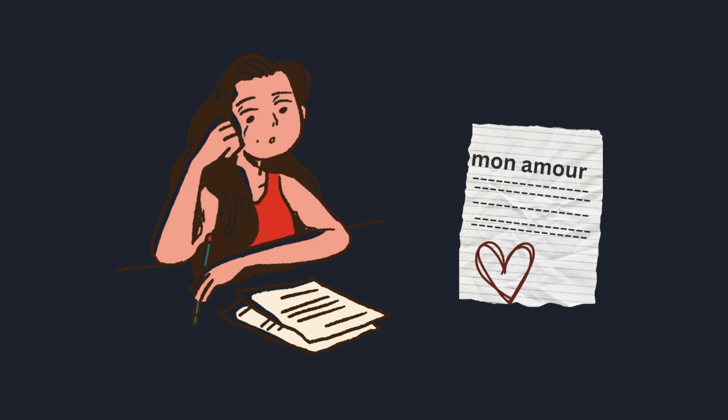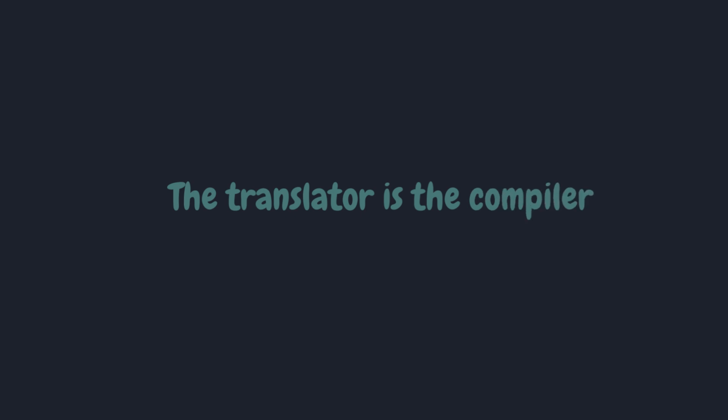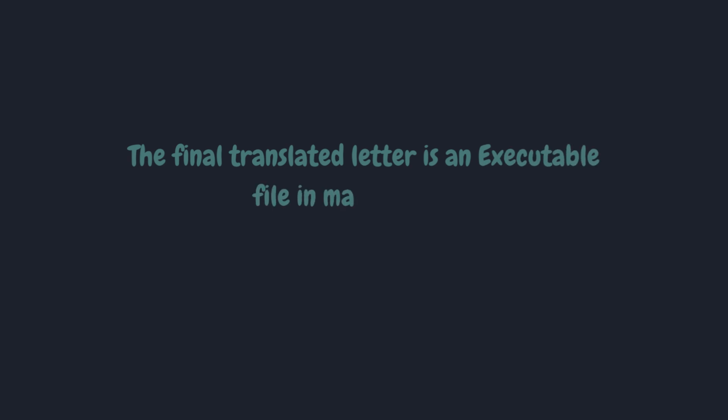Now your girlfriend can read and understand this new letter directly without needing to know your original language. In this analogy, your letter is the source code, the translator is the compiler. The final translated letter is an executable file in machine code.